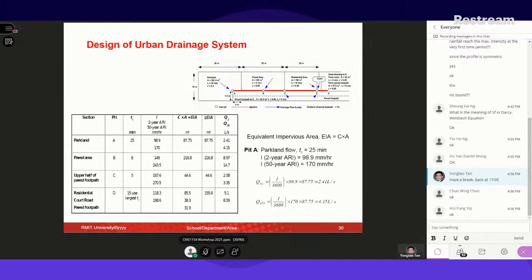For example, for pit A, the time of concentration is 25 minutes, and the intensity we get from the IDF curve or table listed here.